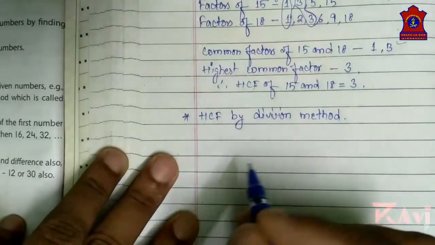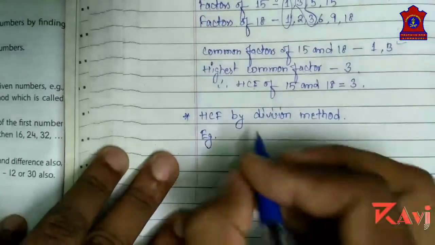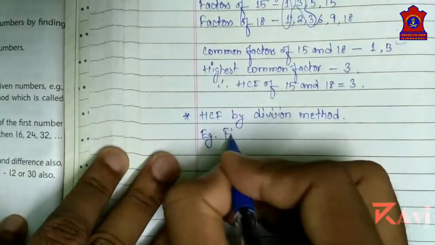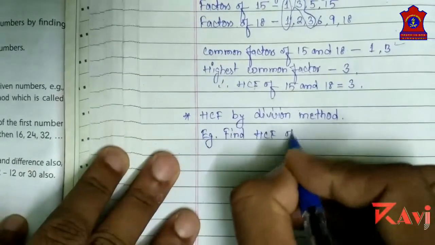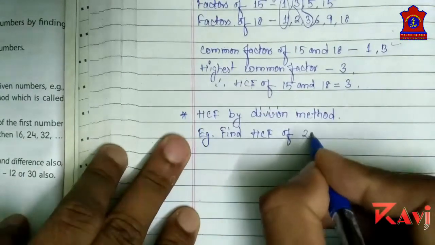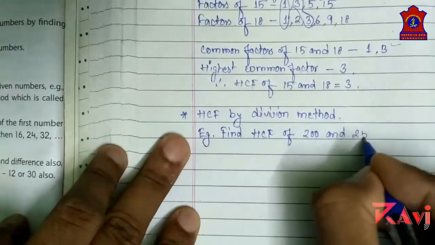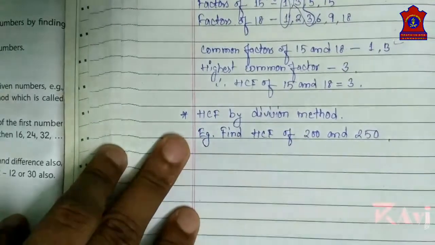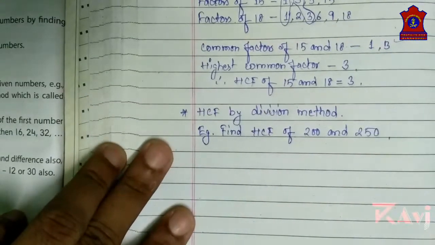Say for example, take two numbers, find HCF of 200 and 250. Clear? Find HCF of 200 and 250.